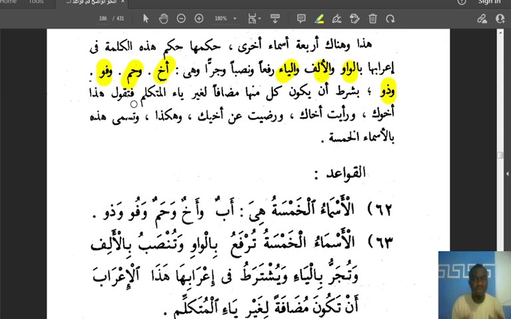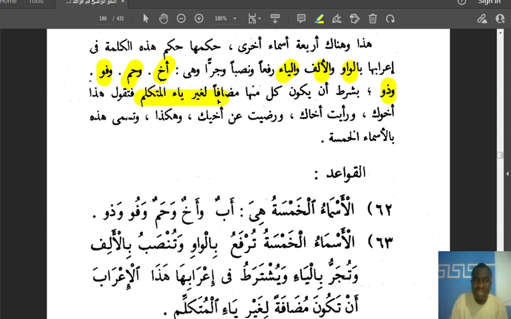They should come as mudaf. If you want to say رأيت الأب, جاء الأب, you don't need the other name. It's not mudaf here, so it doesn't behave like the asma'ul khamsa. To be part of the asma'ul khamsa, it should come as mudaf, but not mudaf to ya'il mutakallim.